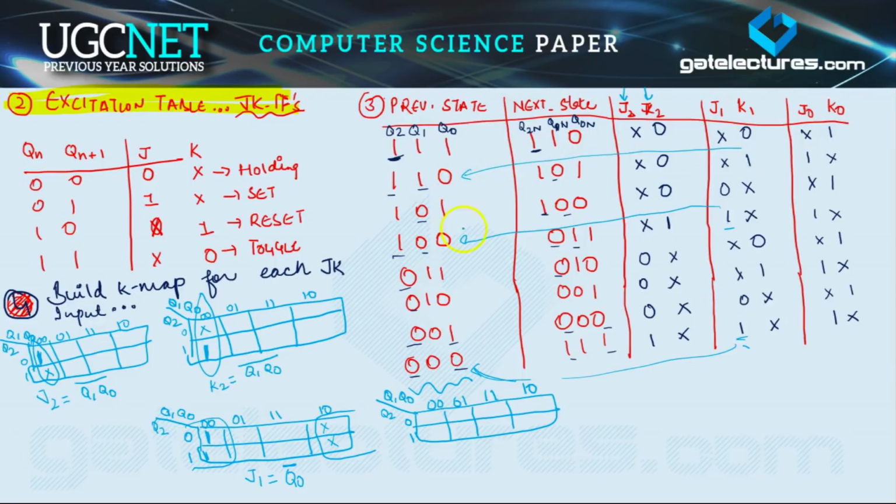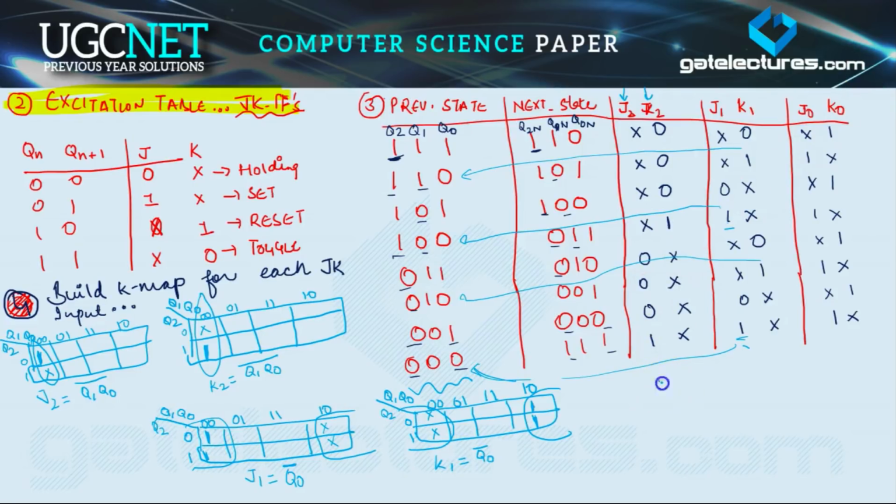So this is 1, 0, 1. So here the K value is 1. And in the next one, where the K1 value is 1, so here, this is 1, 0, 0. And you can see that a don't care is present here. So we group like this. Now the K1 value is also Q0 complement.